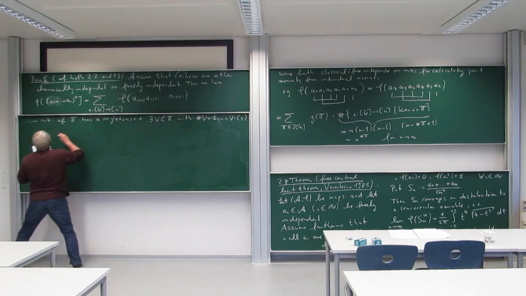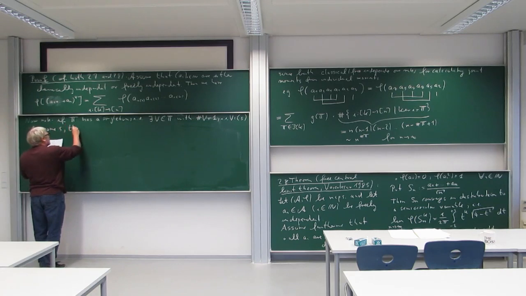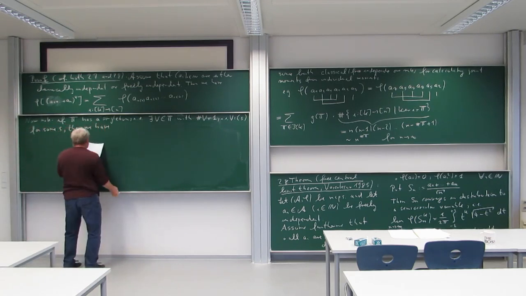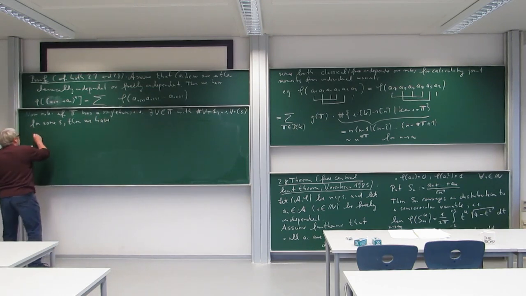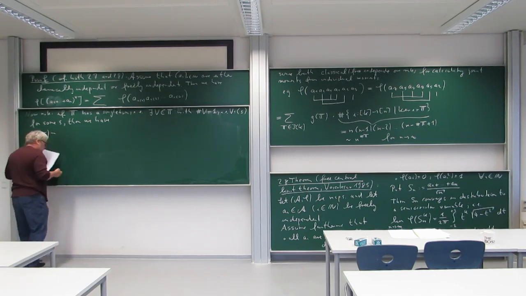Okay, so we assume this for some s. Then we have, for the G of pi, our goal, of course, is to see that this G of pi should be 0, because otherwise we will have problems. But this G of pi, so what is this?